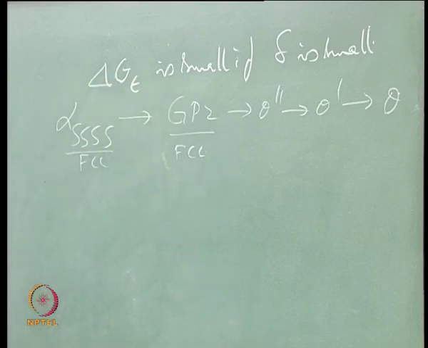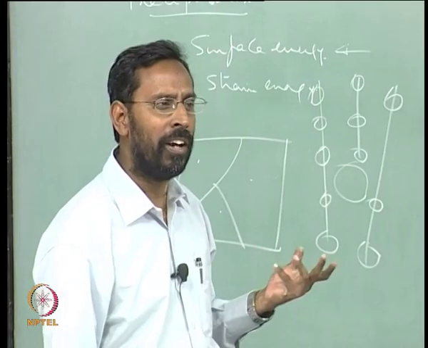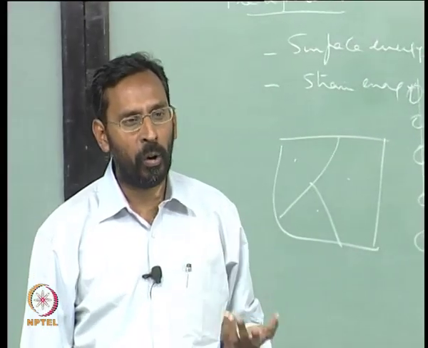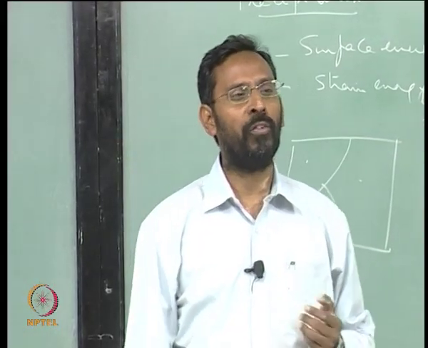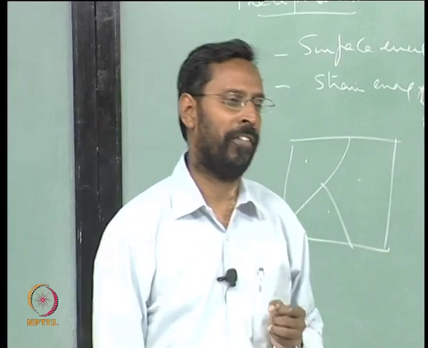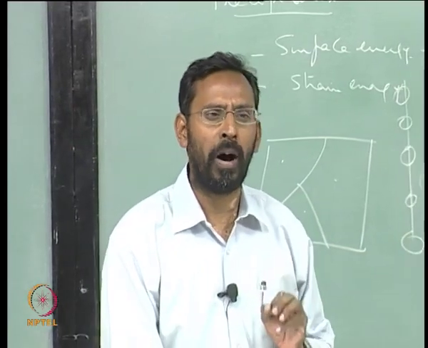Alpha supersaturated solid solution has 4% copper and 96% aluminum, whereas GP zones are possibly the reverse. We call them copper clusters, but unfortunately there is no easy technique to find out the exact composition of it, because the clusters are so small.